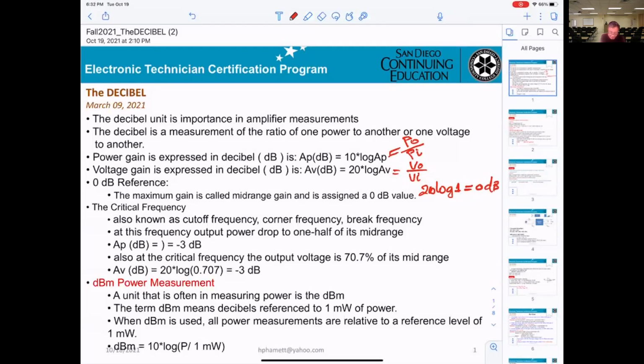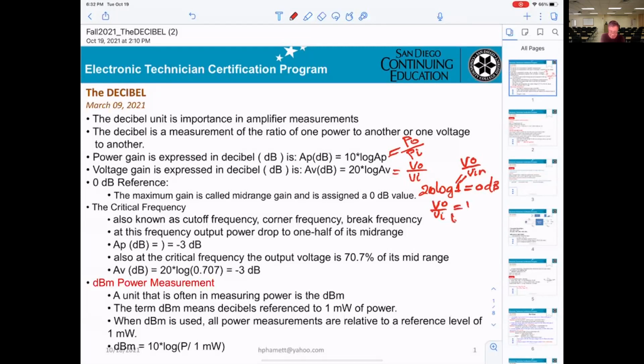Now, 1 here, what does that mean? It will be V out divided by V in equals 1.